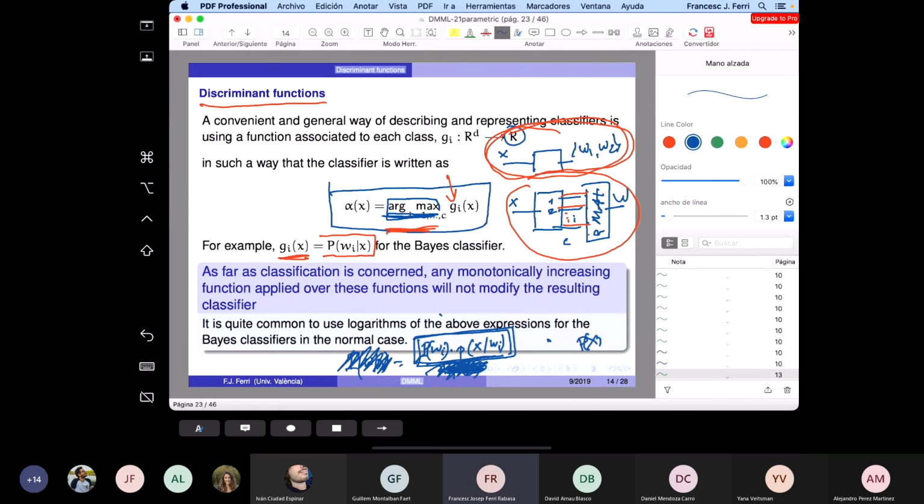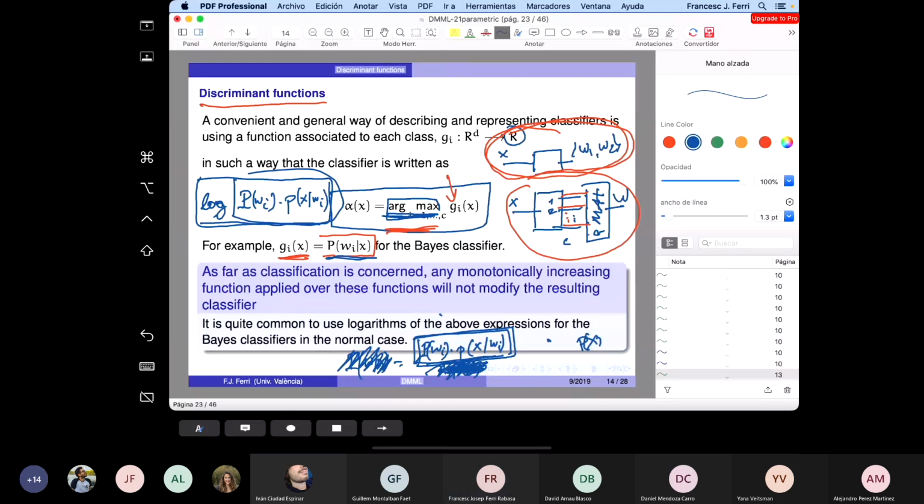In fact, I could apply any monotonic function. For example, I could take the log of the prior times the conditional. I could take this instead, and the classifier is the same, because the maximum of the logarithms is the same as the maximum of the weighted conditionals.